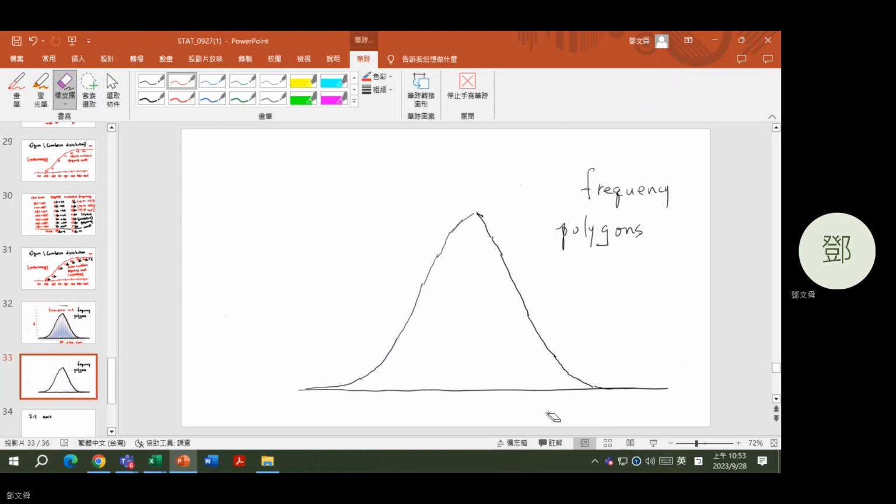So the bigger the sample size, the closer is the histogram or frequency polygon.